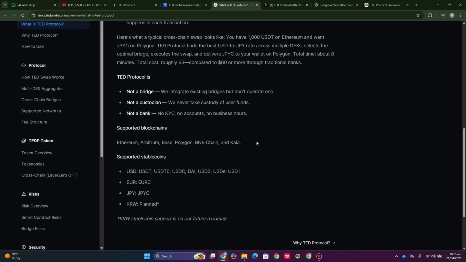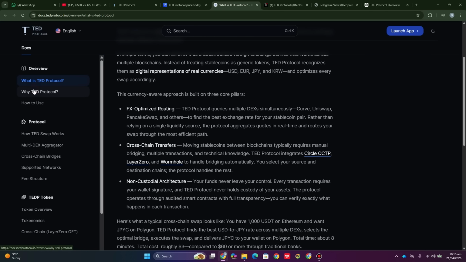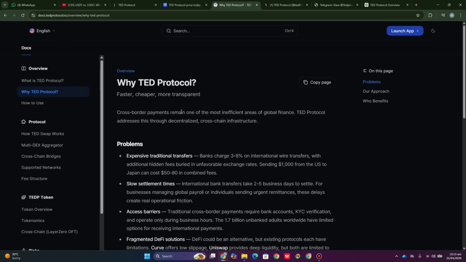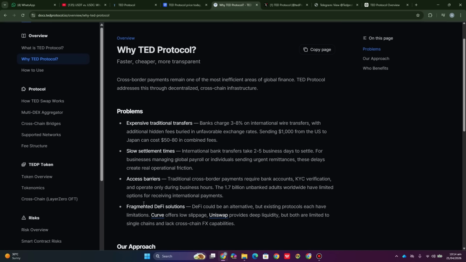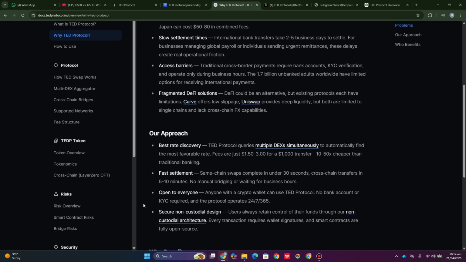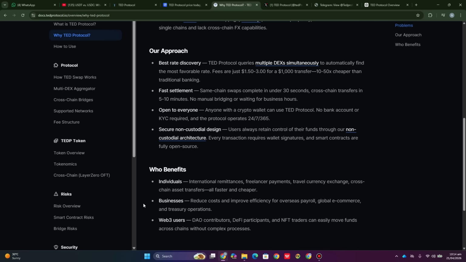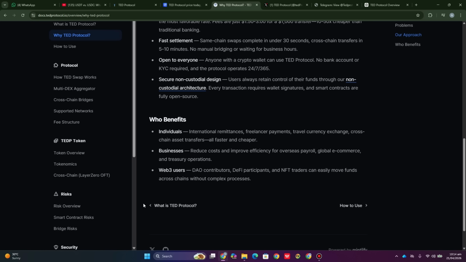It gives you an intent-based problem-solving method. TED integrates technology like Circle CCTP, LayerZero and Wormhole, and it is now open to everyone to benefit from.